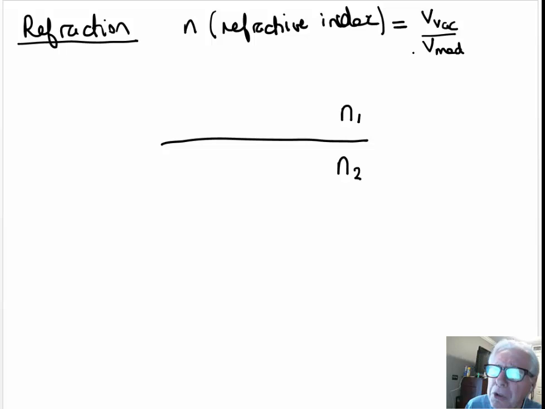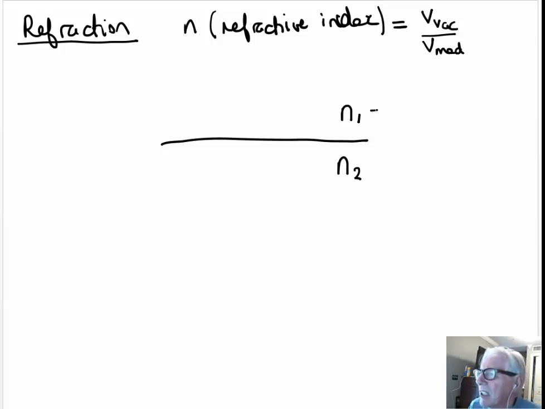So it seems backwards for most people. Most people say, why wasn't it the other way around? And I've not got a good answer for that. But refractive indices, as far as we're concerned, are going to be 1 or bigger, because transparent materials slow down the speed of light. Okay, so we have an N1 for the top and N2 for the bottom, and it's useful to have these pictures in your mind.